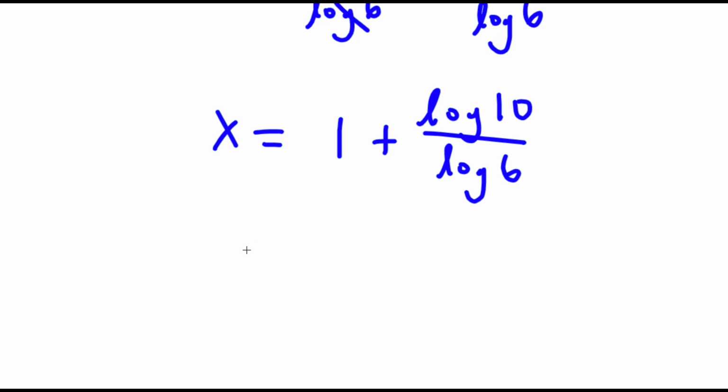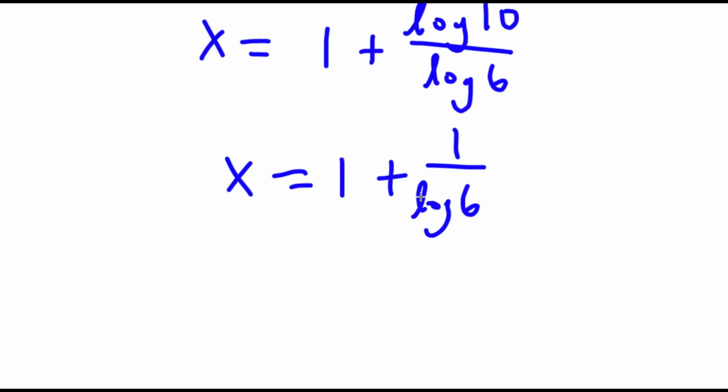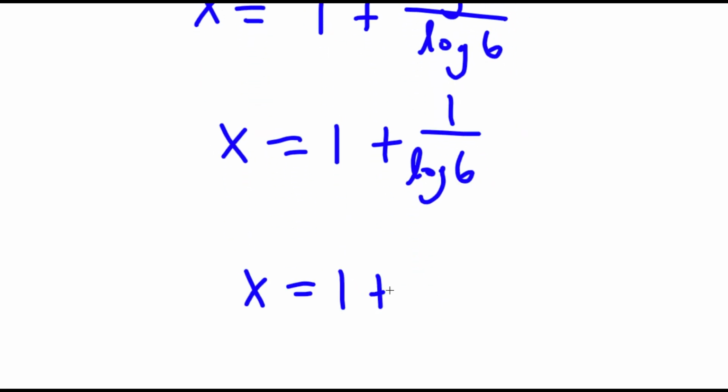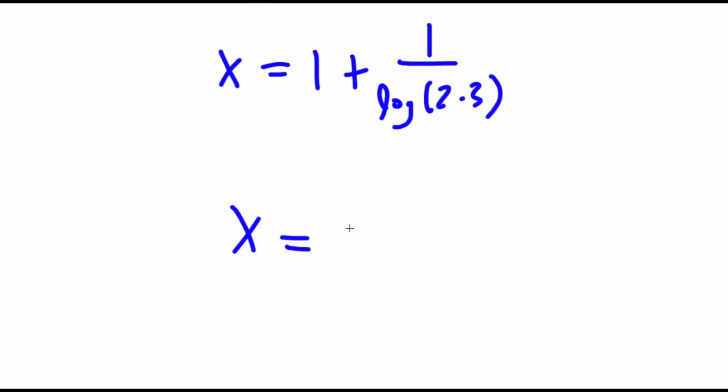Now log 10, that's the same thing as 1. So now I have x is equal to 1 plus 1 over log 6. And log 6, we can rewrite that as log of 2 times 3. So now this is the same thing as log of 2 plus log of 3.